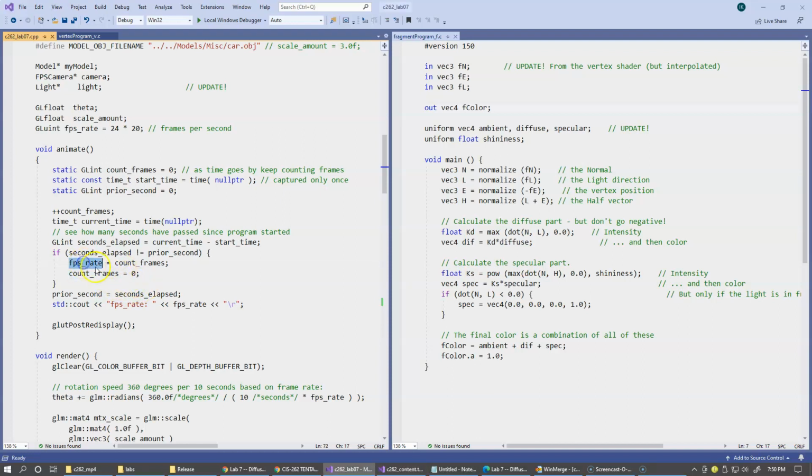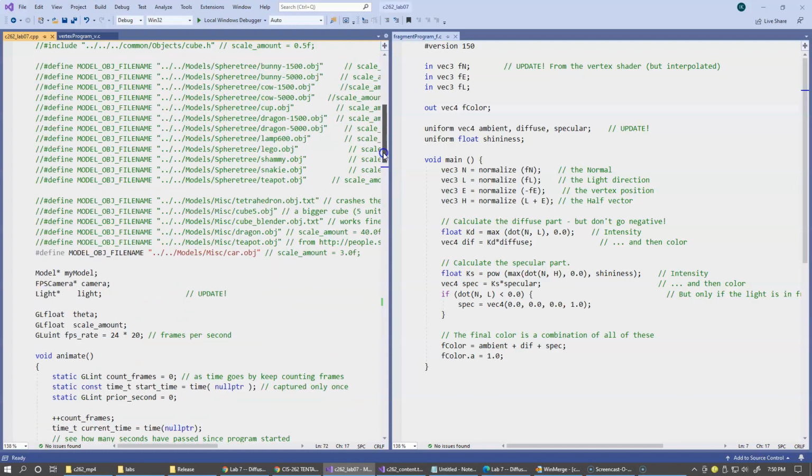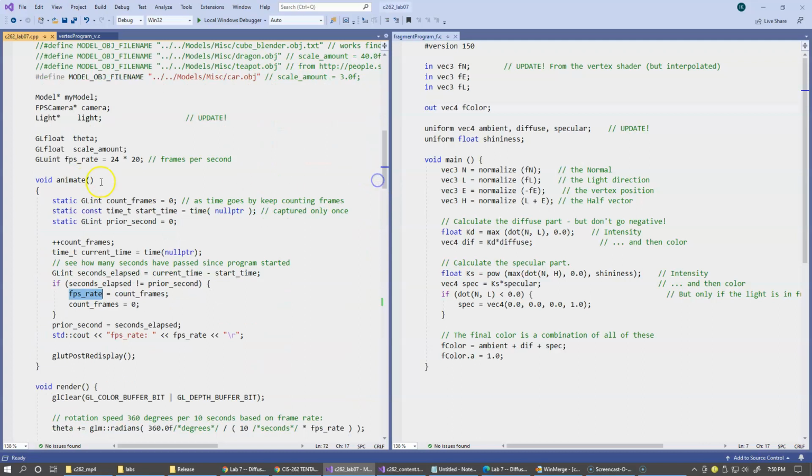So we have now calculated the frame per second rate, and I keep it as a global variable. So it's declared right here. I set its initial value to some sort of number, but as soon as the first second of execution elapses, we get our frame per second rate according to the hardware on which we're running the application.